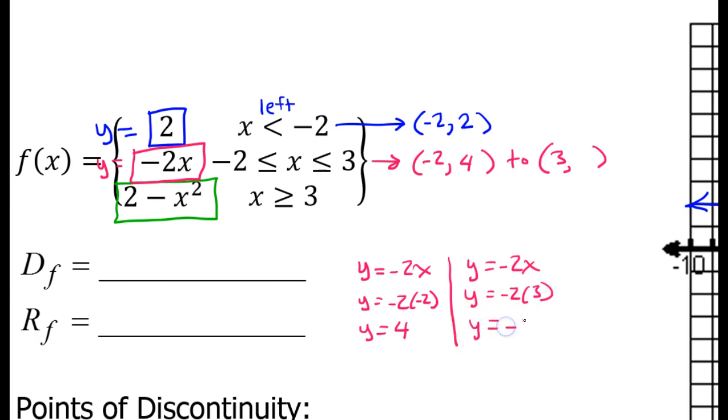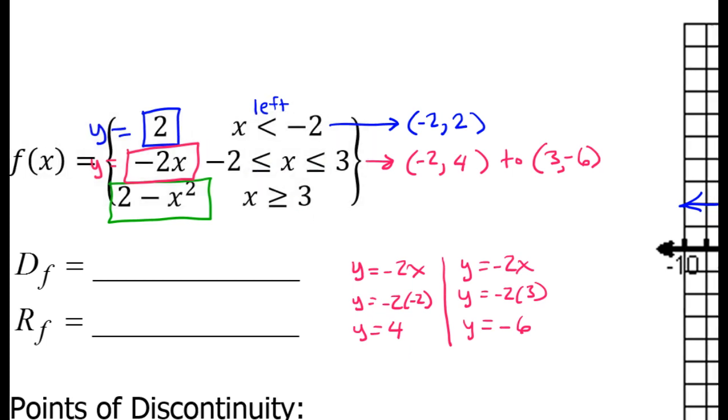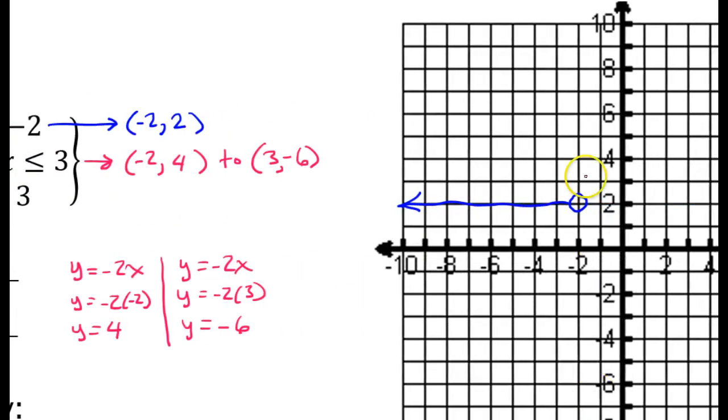That's y equals -6. So that's -6. So these are the endpoints. They will both be closed circles because of the "or equal to." So -2, comma 4, closed circle. 3, comma -6, closed circle.